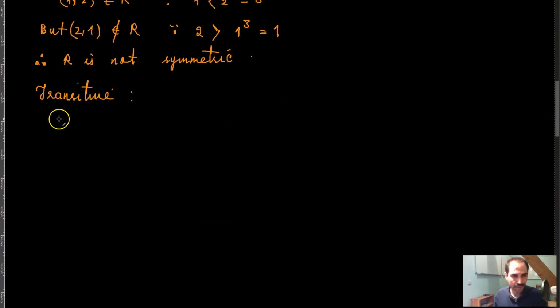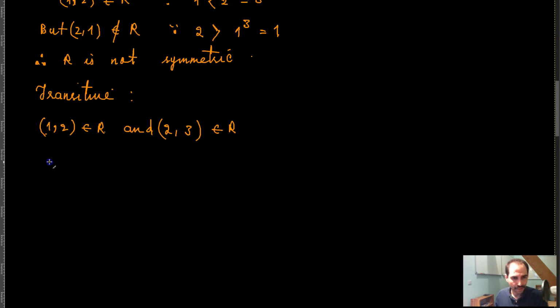So for example, we argued before that (1, 2) belongs to R. And also (2, 3) does belong to R, because 1 is less than or equal to 2 cubed. 2 cubed is equal to 8, so 1 is less than 8. And 2 is less than or equal to 3 cubed, which is equal to 27.